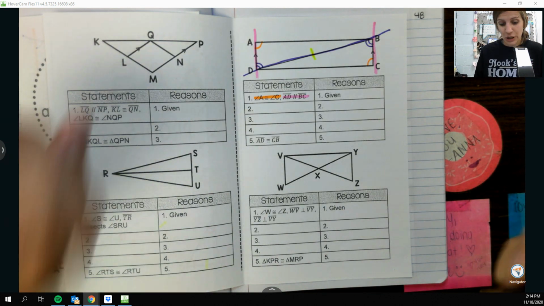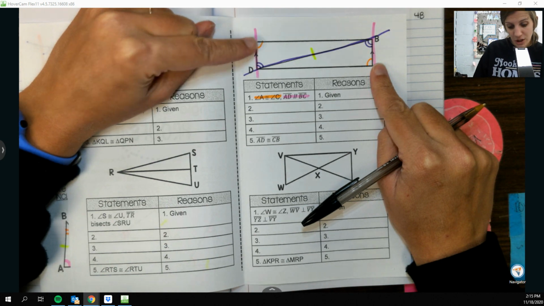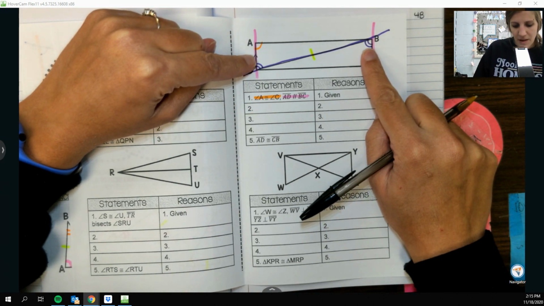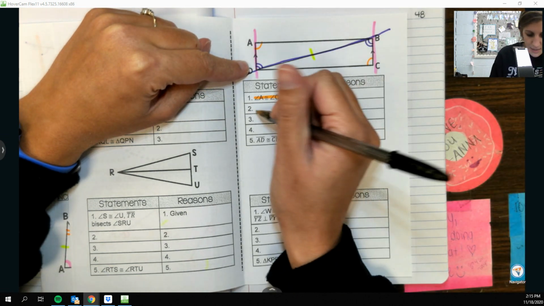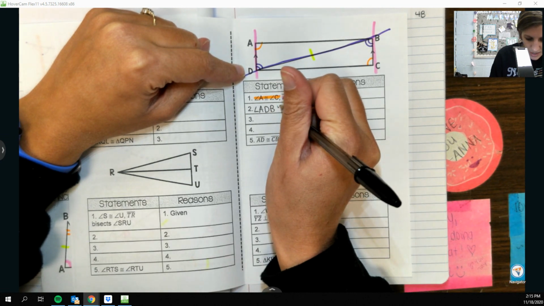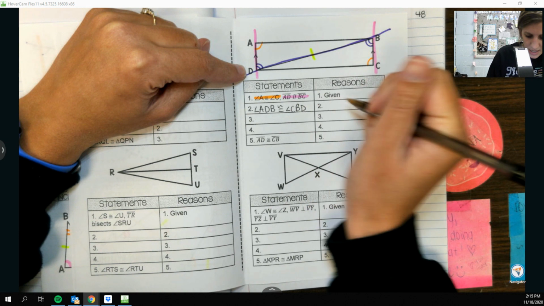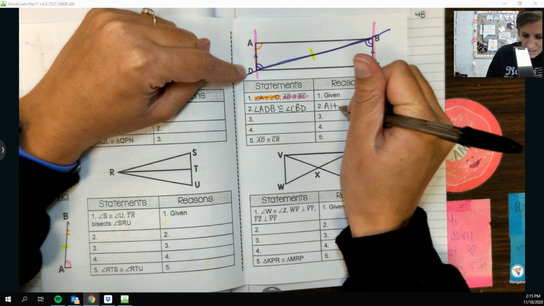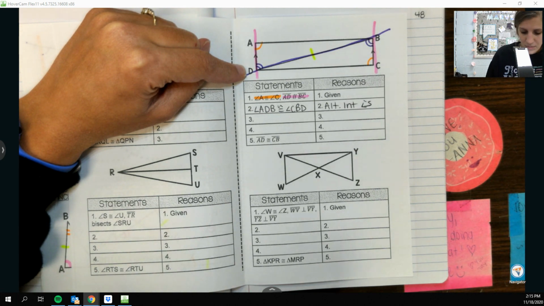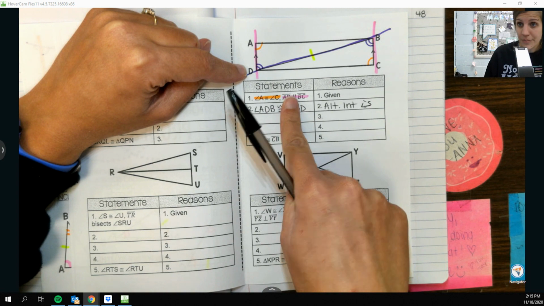So if we think about our picture again, I was able to mark the orange rainbows first, but I already have that written down. Then I marked up the purple rainbows, which I don't have yet, so I'm going to say angle ADB is congruent to angle CBD because they are alternate interior angles on parallel lines, which I already have.